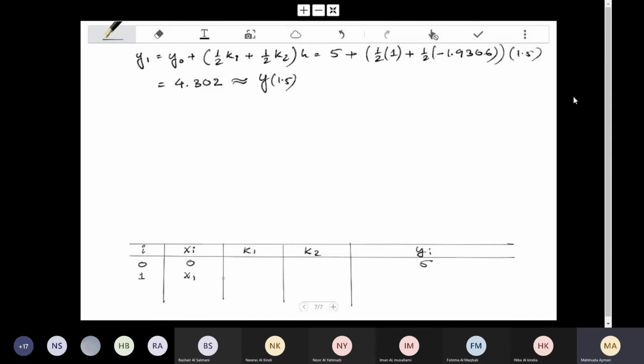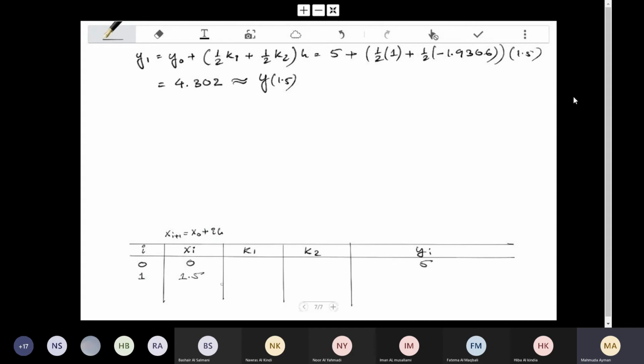So what is x1? To find xi plus 1, the formula is x0 plus i times h. So x0 is 0, plus 1, since i is 1 now, times h, which is 1.5. So here it will be 1.5.